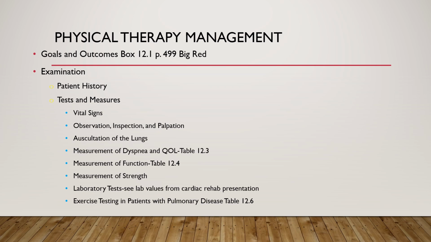Measurements of strength, we sometimes need to be careful in our patients with pulmonary dysfunction because we don't want to have them Valsalva. And so traditional manual muscle testing may or may not be appropriate depending on the patient. And that might be a point where you have to make that consideration, or you need to at least follow up with the question for your physical therapist about whether or not it is appropriate when it comes to reassessment time or discharge time.